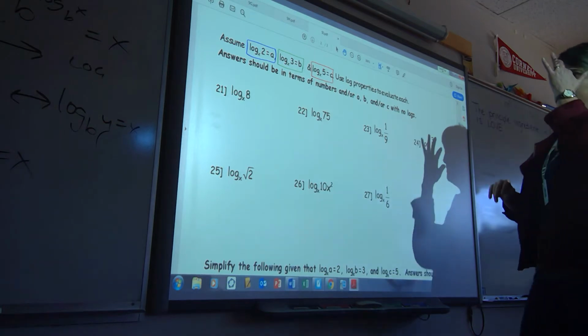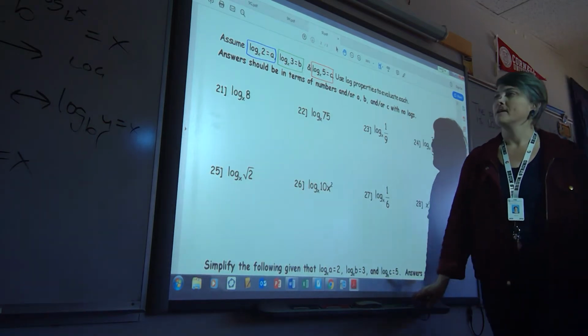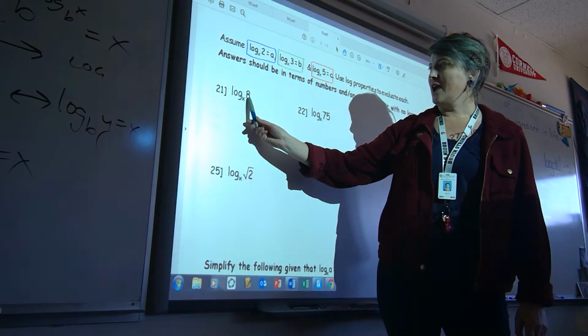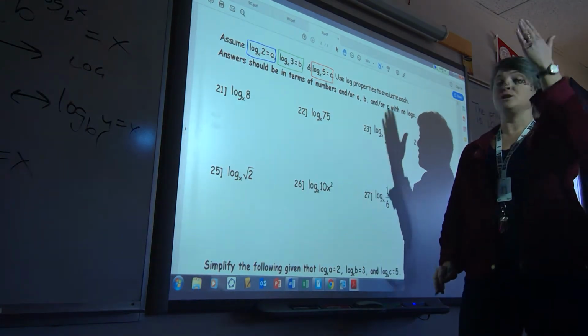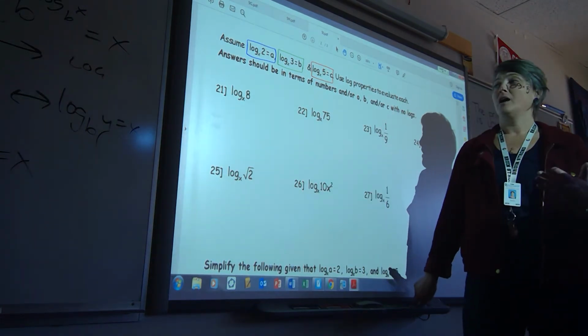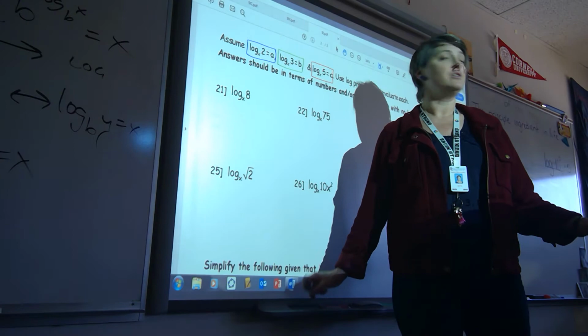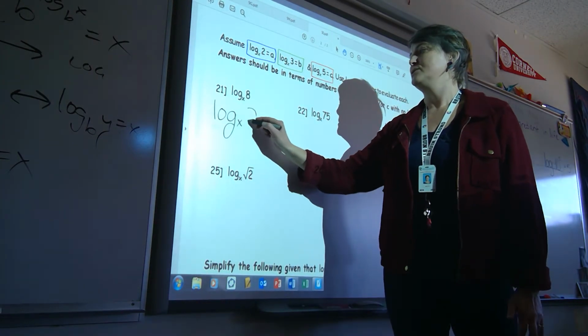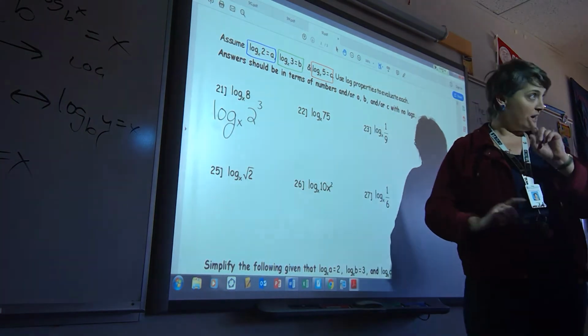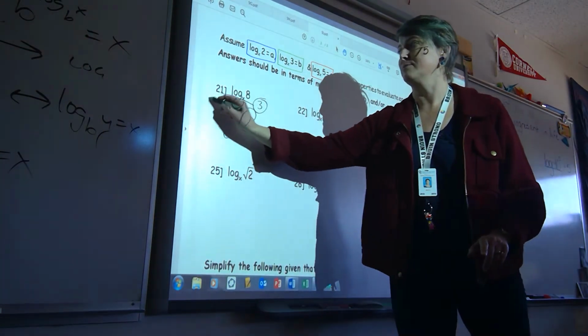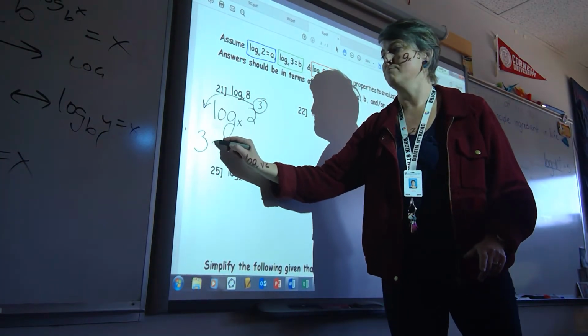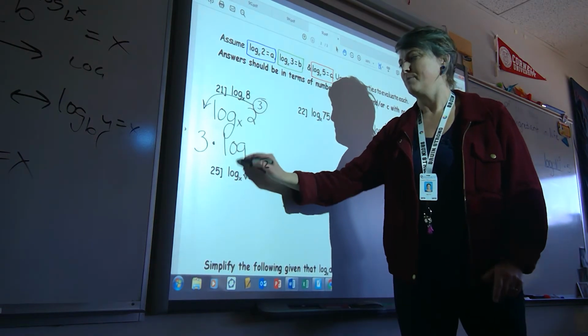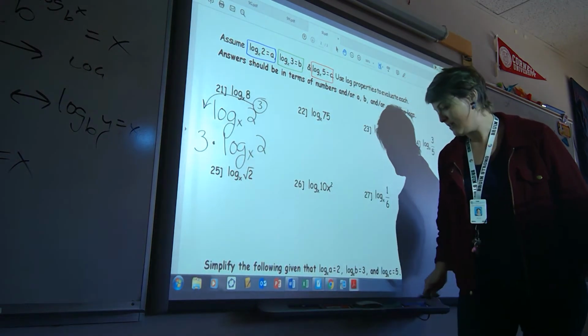So let's try 21. Okay, I've got an 8. I need to use a building block of either a 2, a 3, or a 5. I can rewrite an 8 as 2 cubed. So this would be log base x of 2 cubed. I then expand it. The 3 comes out front. This is 3 multiplied by log base x of 2.